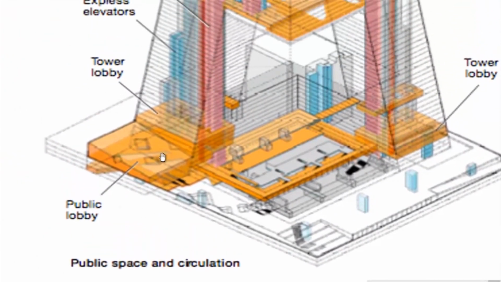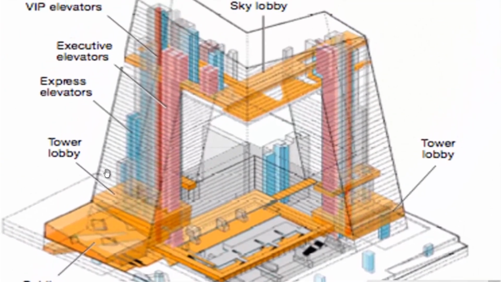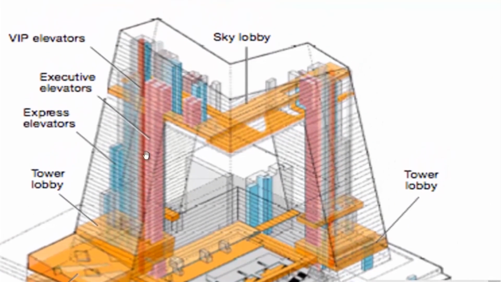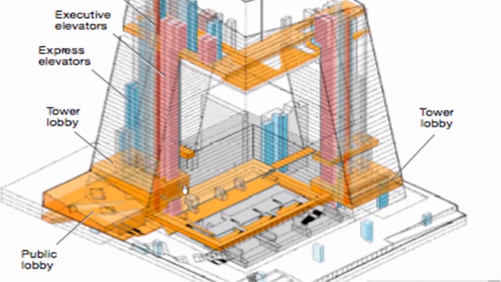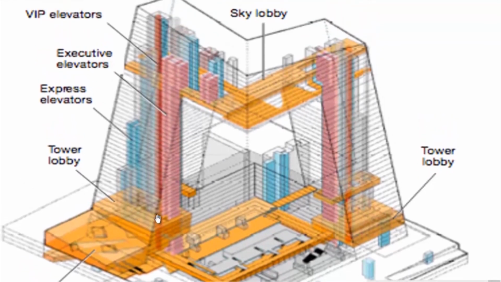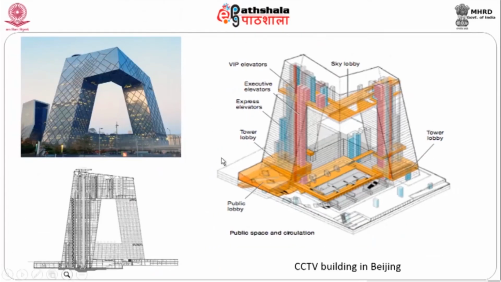There is a public lobby here, there is a tower lobby, and there are express elevators, executive elevators here, and VIP elevators. There is a sky lobby here, and there is a tower lobby here. And this building is a clear example of how unique each tall building can be and how challenging it is to design elevator systems for each building on a one-on-one basis.